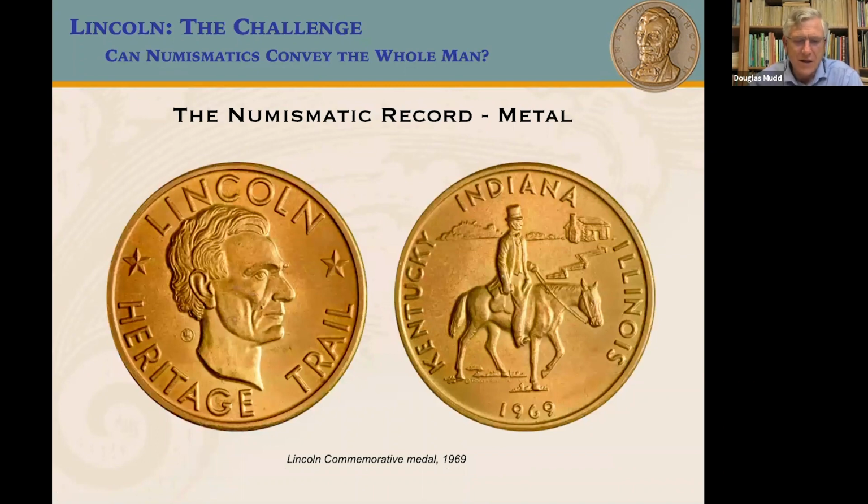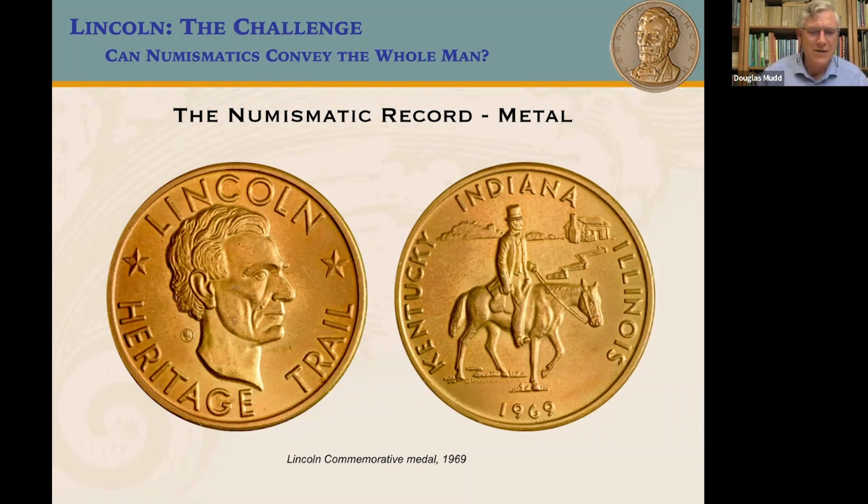Here we have the Lincoln Commemorative Medal from 1969. Now, this is an image that is based on some of those early tokens. You can see somewhat maybe a relationship to the previous token. It's not a very good likeness, and if anything, it's a caricature that doesn't express Lincoln very well.